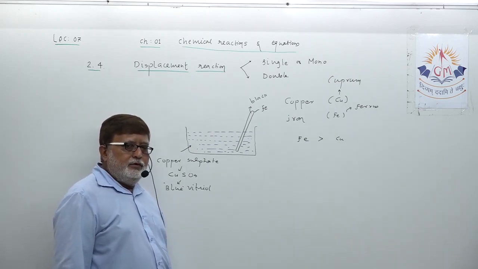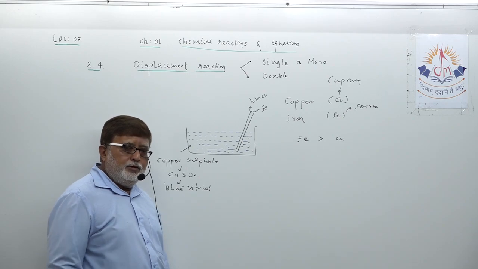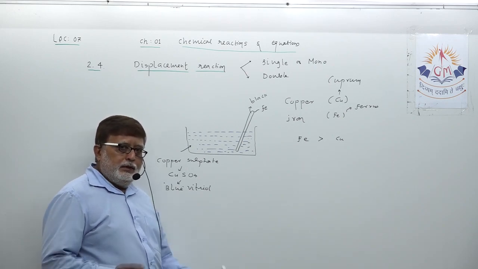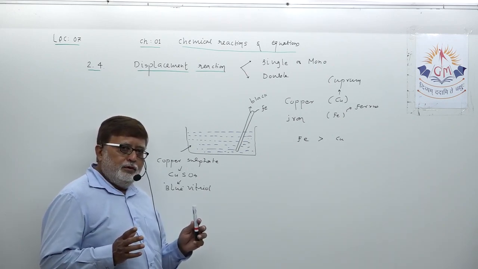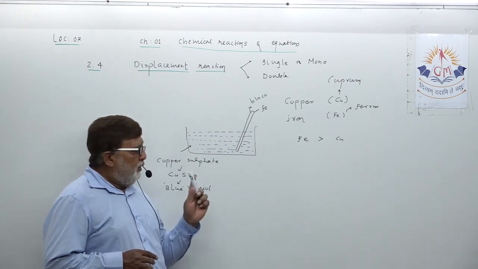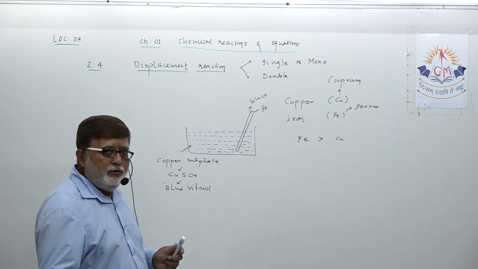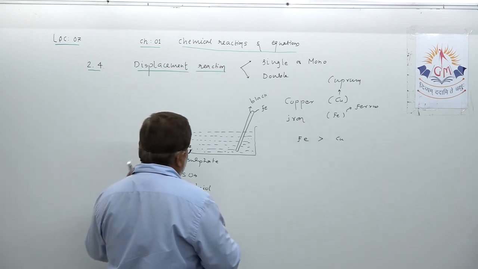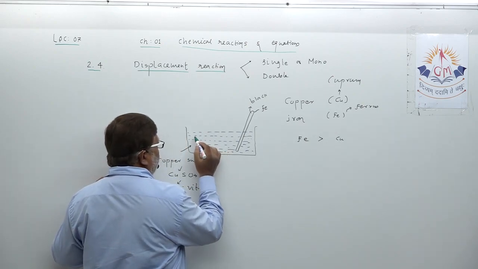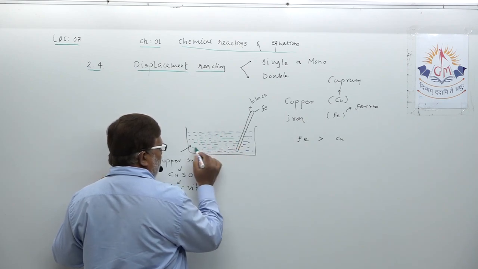After you make this arrangement, if you observe and wait for some period of time, what will you see? The blue colored copper sulfate solution starts turning greenish, rather than blue.